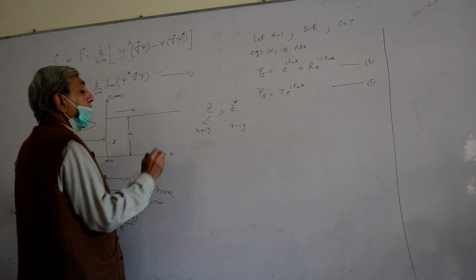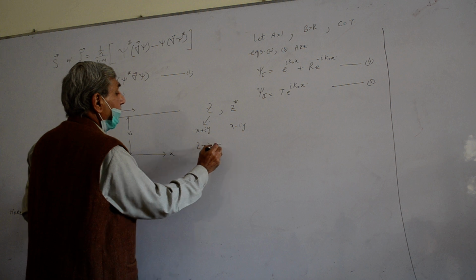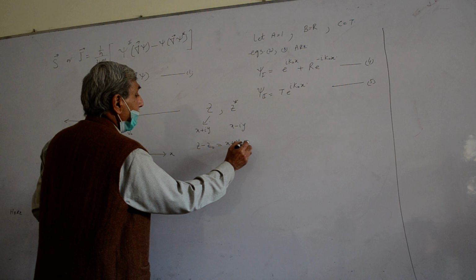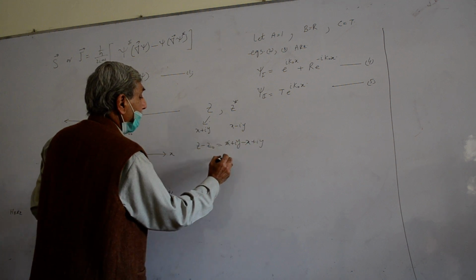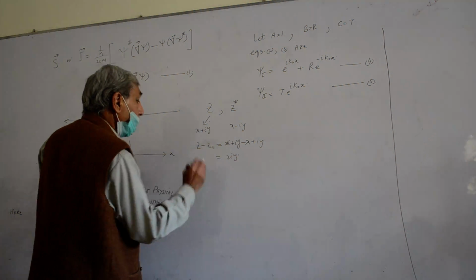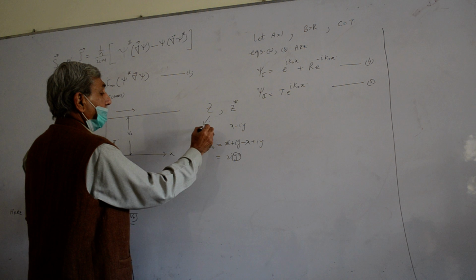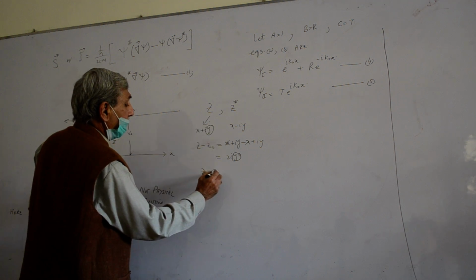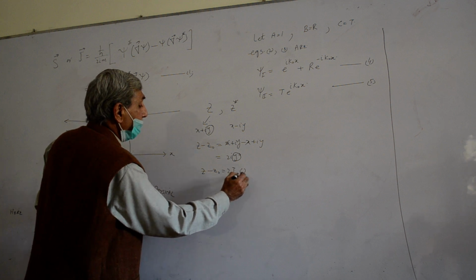If you subtract the two, z minus z star, you have x plus iy minus x plus iy. The x cancels and that is equal to 2iy. What is y? y is the imaginary part of z, so z minus z star is equal to 2 times the imaginary part of z.